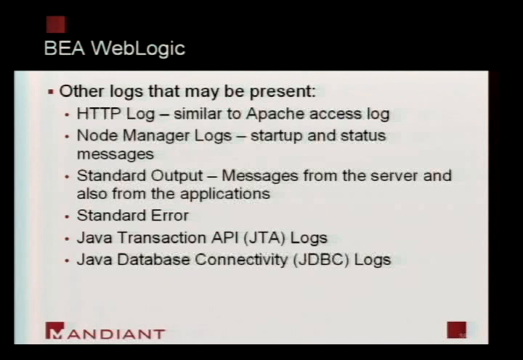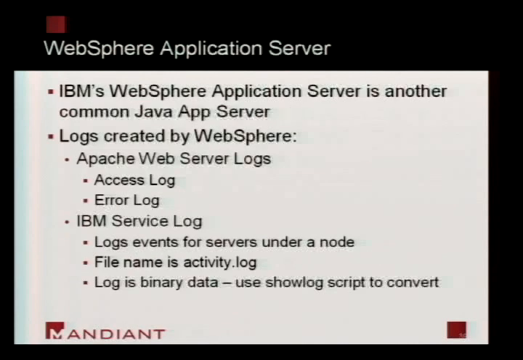And there's also a lot of miscellaneous stuff that may be added if you're using some of the other Java transaction and database stuff that might be there. And as I mentioned before, anything the application writes to standard output will get redirected. And WebSphere does essentially exactly the same thing, it just puts them in different places. So that's basically how that goes.